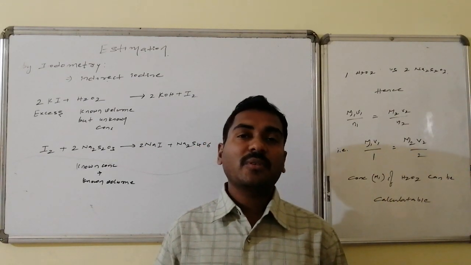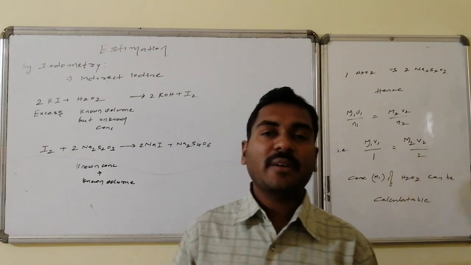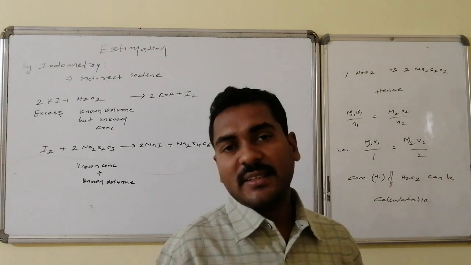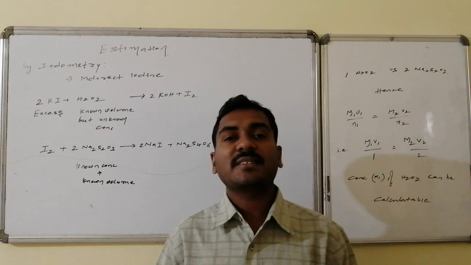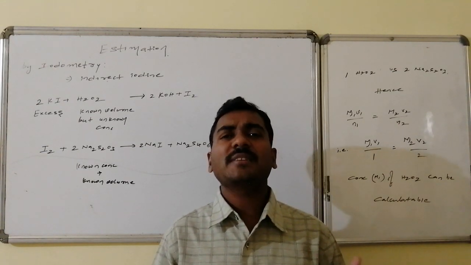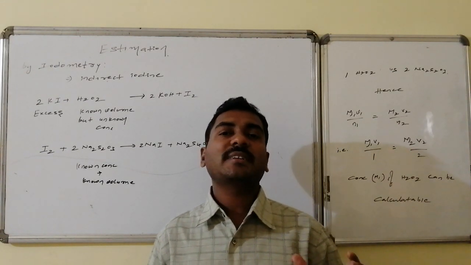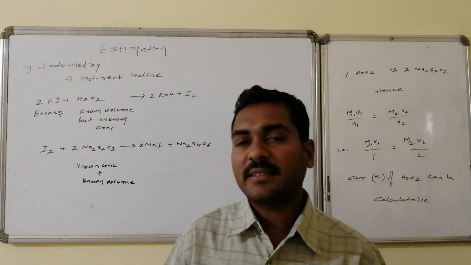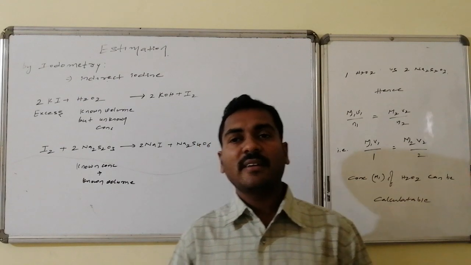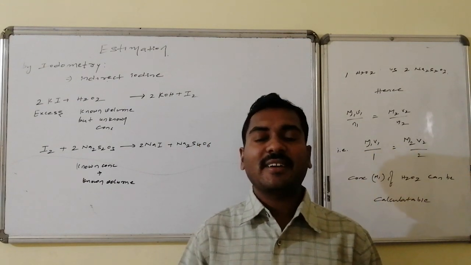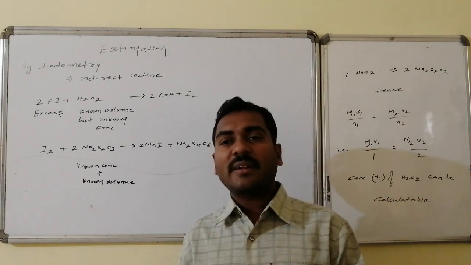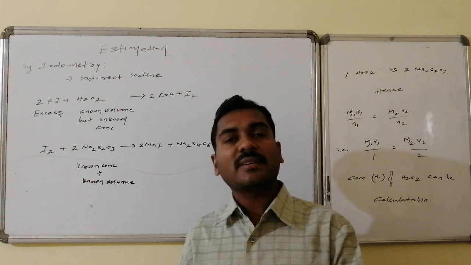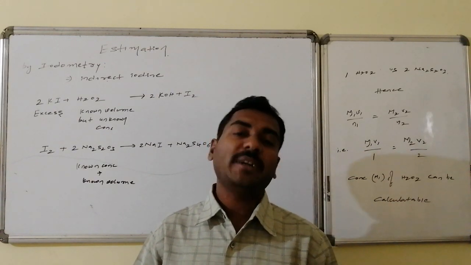That small known quantity of hydrogen peroxide is allowed to react with an excess quantity of potassium iodide. Potassium iodide is taken in large amount because it should be present as the excess reagent and hydrogen peroxide as the limiting reagent. Such care has to be taken. Here we are indirectly producing iodine, hence indirect production of iodine followed by its estimation is said to be iodometric.